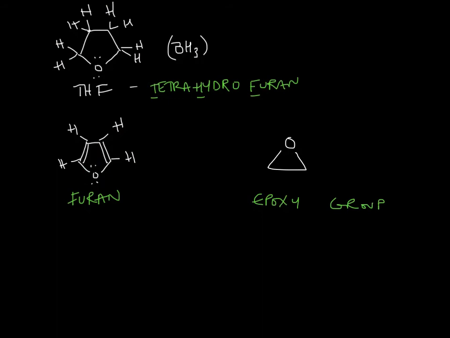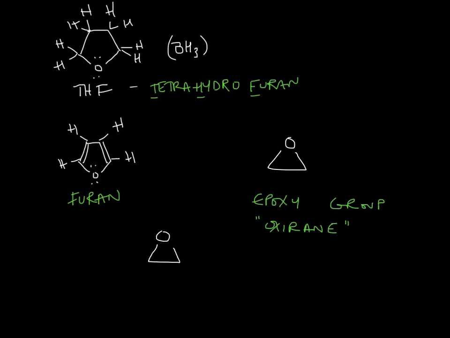As a main chain, this little 3-atom guy is called oxirane. So if you saw that guy all by itself, its name would be oxirane. If it was a functional group on a much longer chain, it would be an epoxy group. So there are ways to name these epoxies as well.